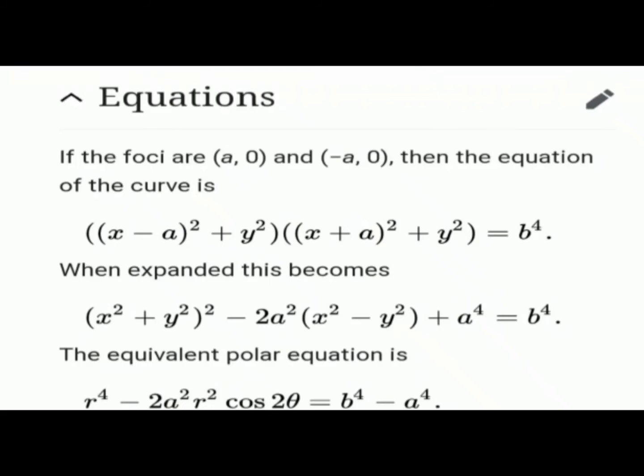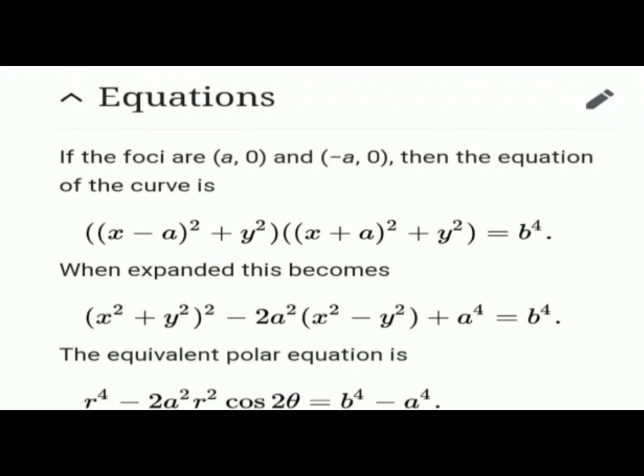Equations. If the foci are (a, 0) and (minus a, 0), then the equation of the curve is ((x minus a) squared plus y squared) times ((x plus a) squared plus y squared) is equal to b raised to 4.